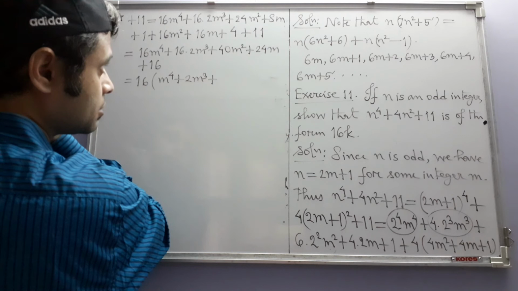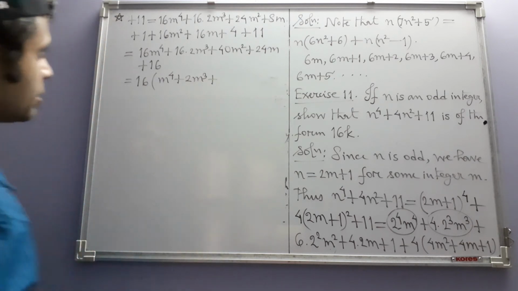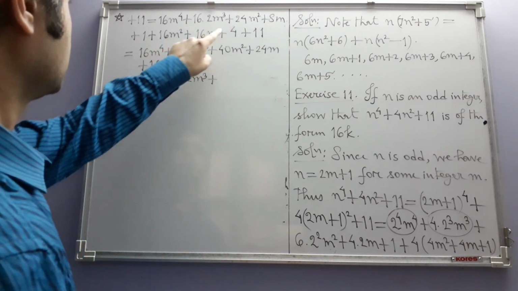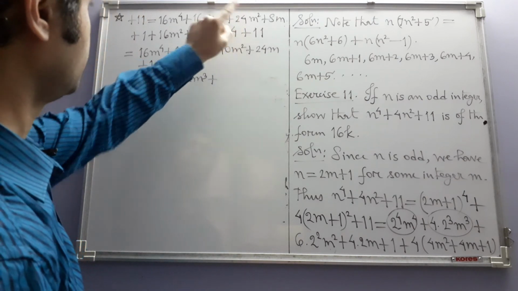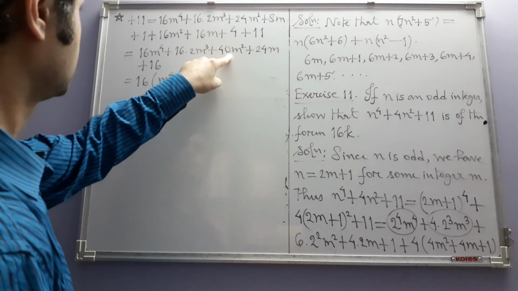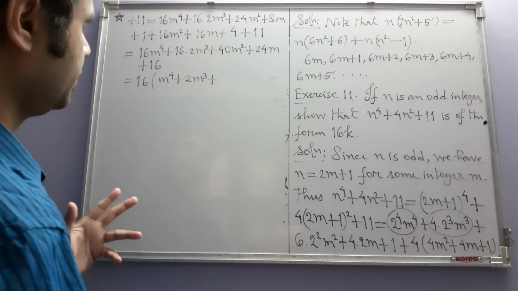What is this? Oh, what? I think I made a mistake. 24 m square, m square.